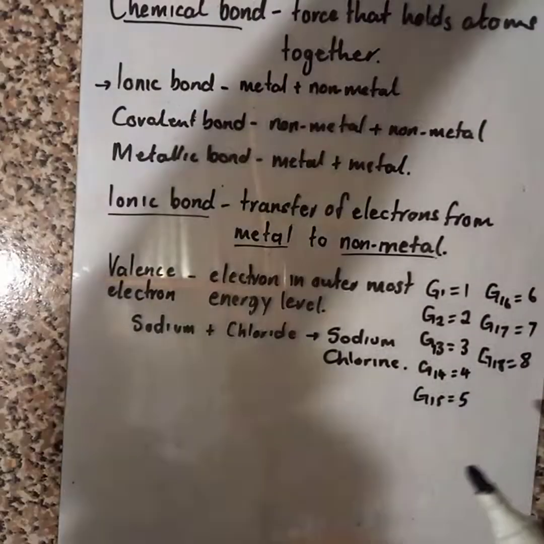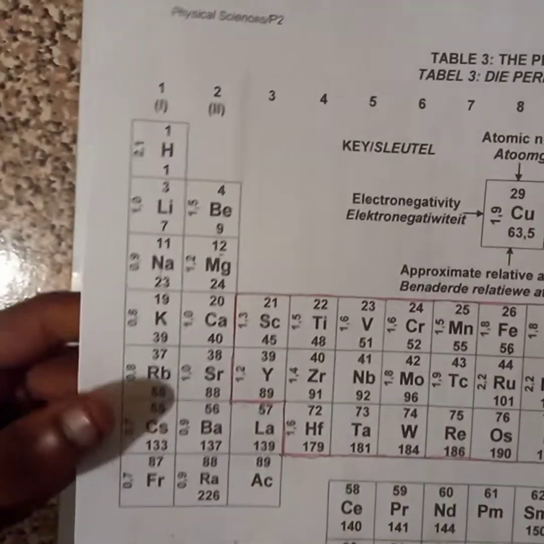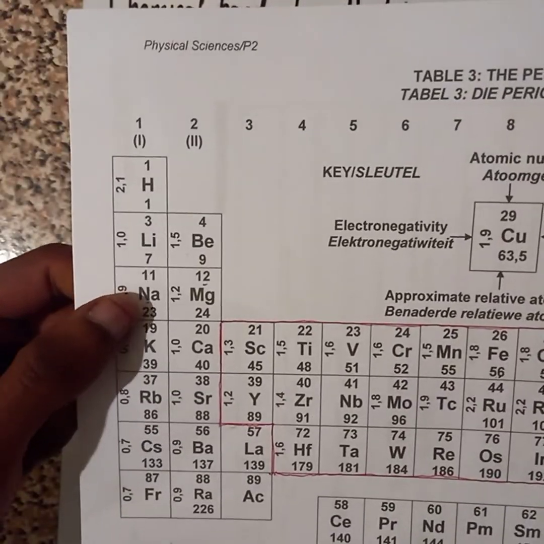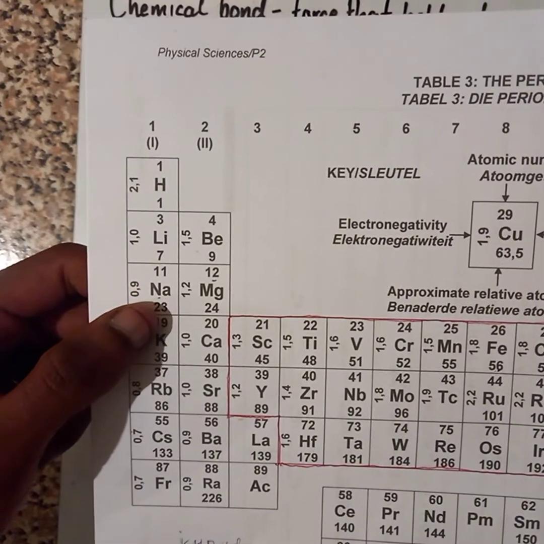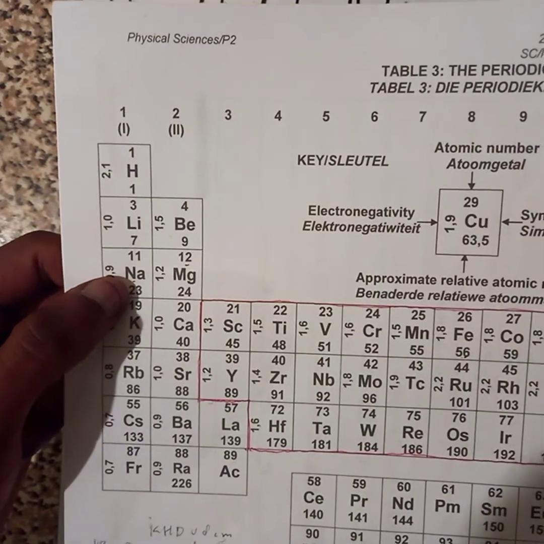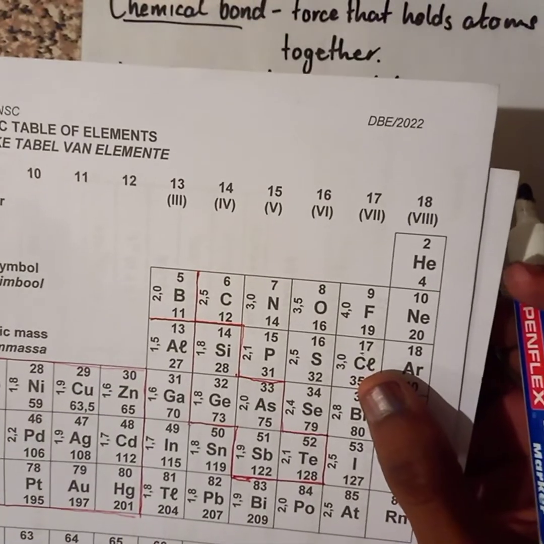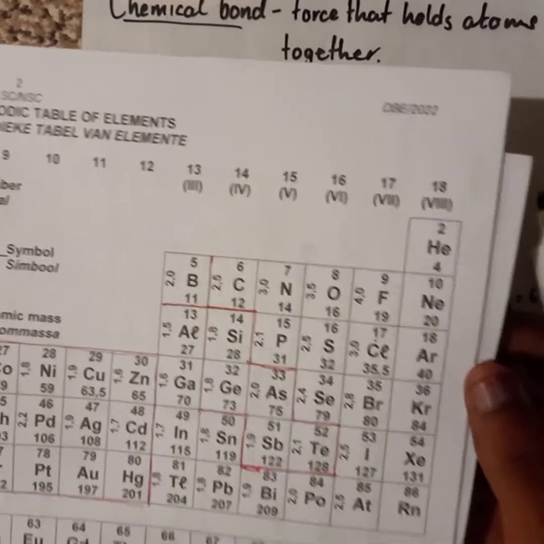Then let's go to our periodic table and try to identify where can we see our sodium. You see, the sodium is situated in group 1. Then it's going to have one valence electron in its outermost energy level. Then we also have chlorine there, group 17. It will have 7 valence electrons in outermost energy level.